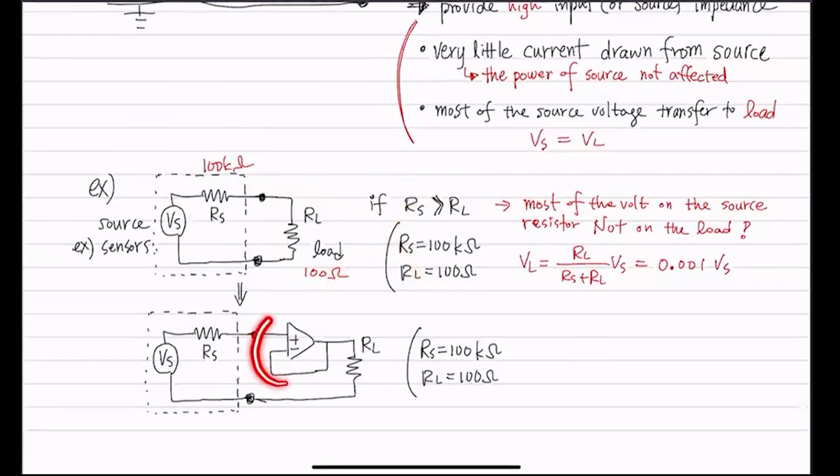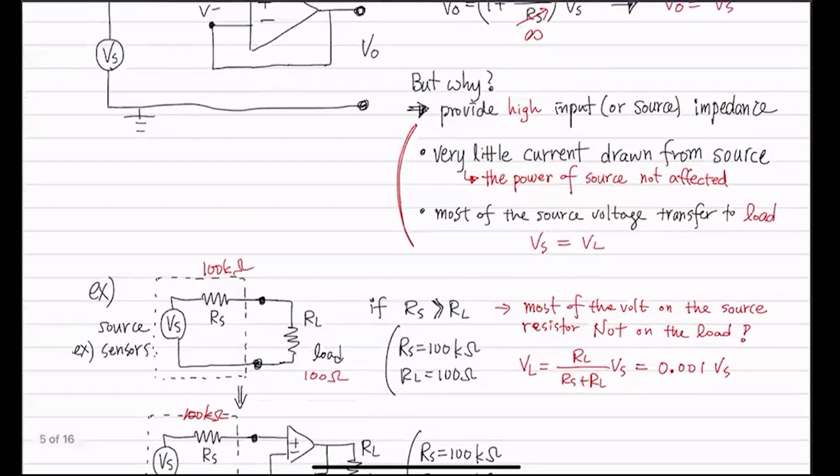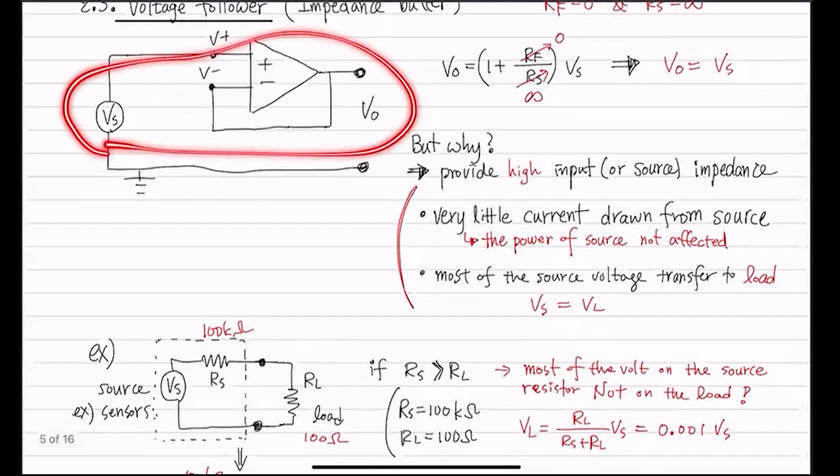However, if we add a voltage follower like this, still this is 100K and this is 100 ohm, and we are adding a voltage follower. The voltage here, Vs, is going to be the same as the voltage here, Vout, just like what we had here.